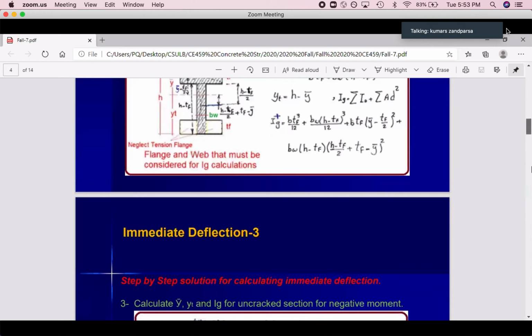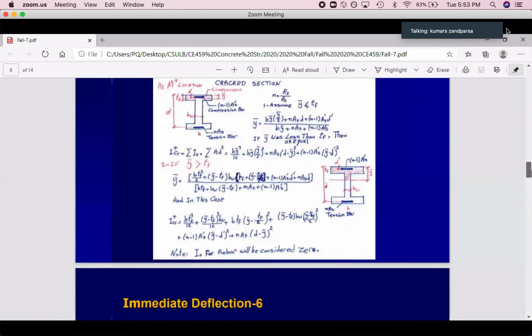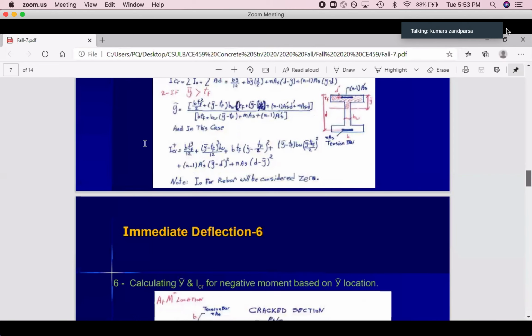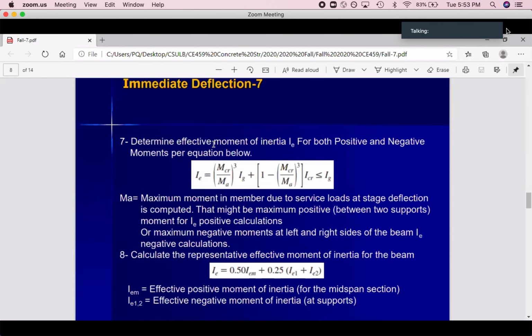Okay, so we calculate this one as well. Then what should we do? Then the seventh step. The seventh part is, let me go and plot something. I have to plot something. Imagine a continuous beam.